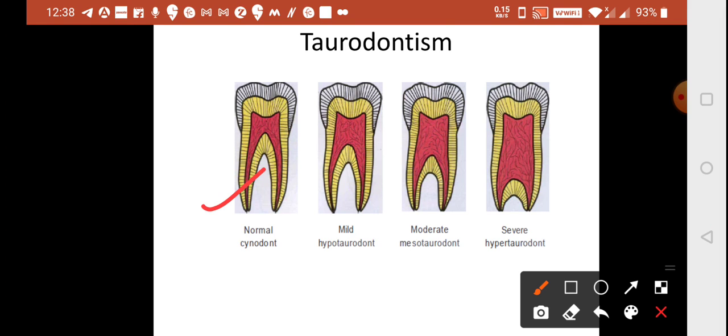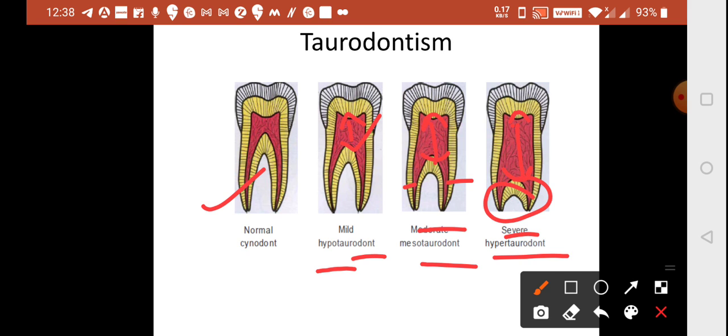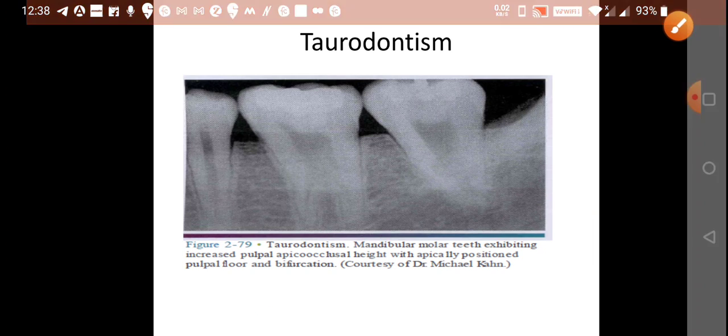Taurodont means it's bigger, but this is less bigger. You can appreciate here, this much is the height, and this is moderate mesotaurodont. A little bit bigger pulp chamber and smaller roots, and this is severe hypertaurodont, bigger pulp chamber with smaller roots.